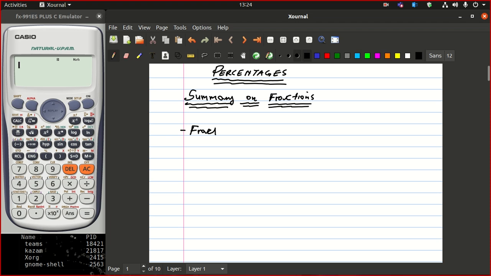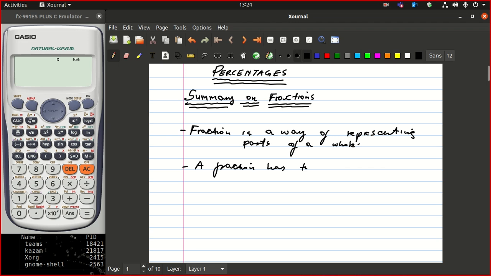So we say a fraction is a way of representing parts of a whole. And then we also said that a fraction has two parts. Let me also write this one. A fraction has two parts.